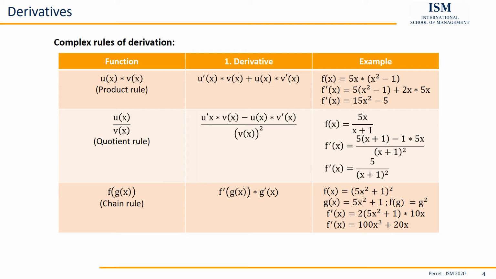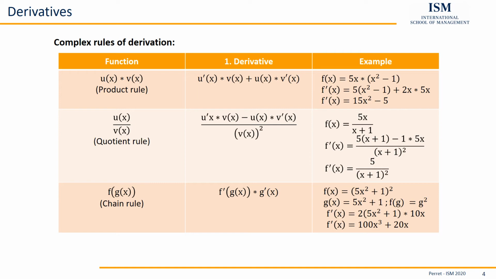Then I go plus. Here I keep the 5x as is. And I derive x squared minus 1, which is simply 2x. Giving me here 5x squared minus 5 plus 10x squared, or if I summarize this, 15x squared minus 5. So here, this is still relatively easy and straightforward.